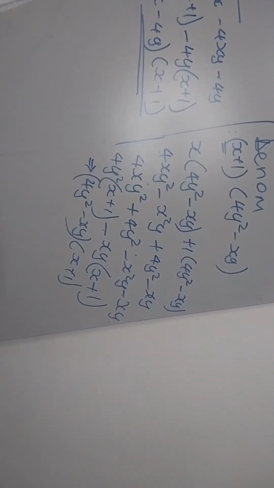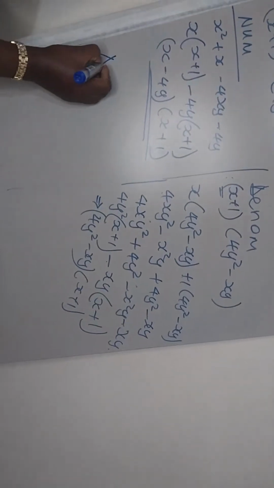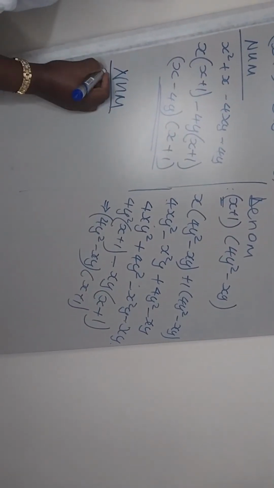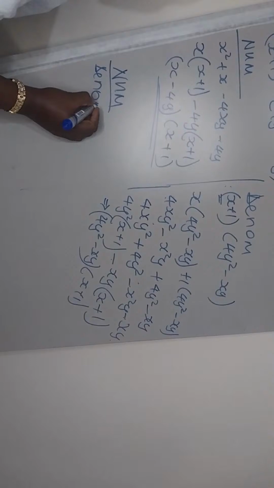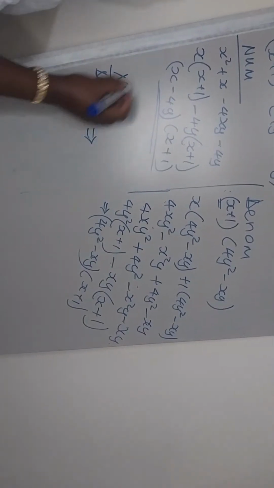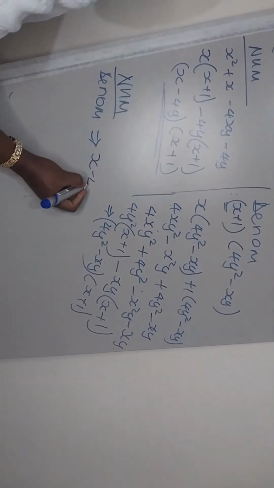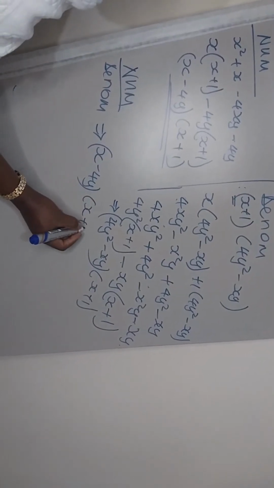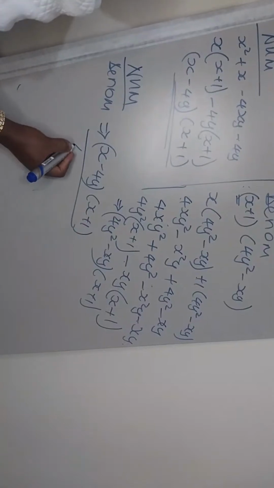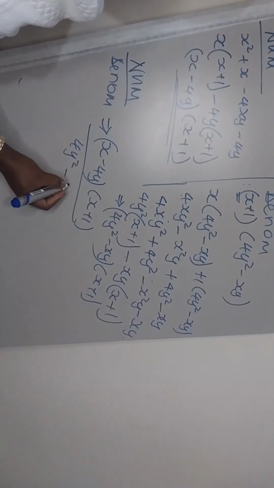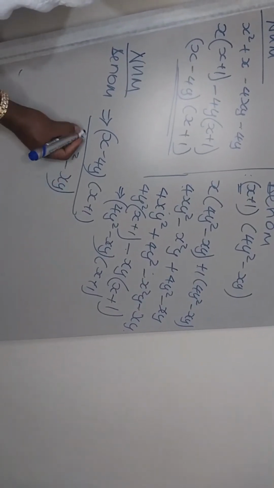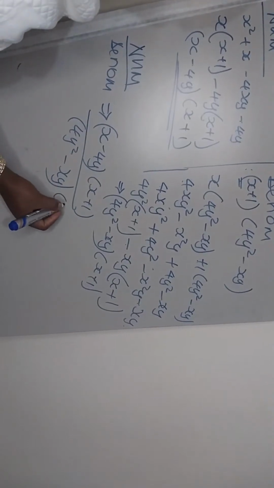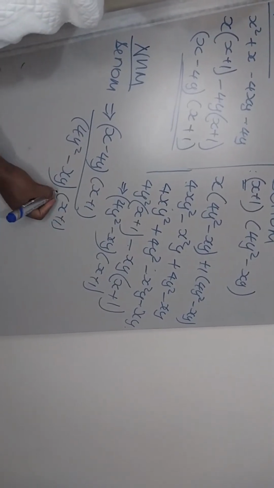As we said earlier, we now do overall, that is numerator over denominator. What does our numerator say? (x minus 4y) into (x plus 1) all over (4y squared minus xy) into (x plus 1).